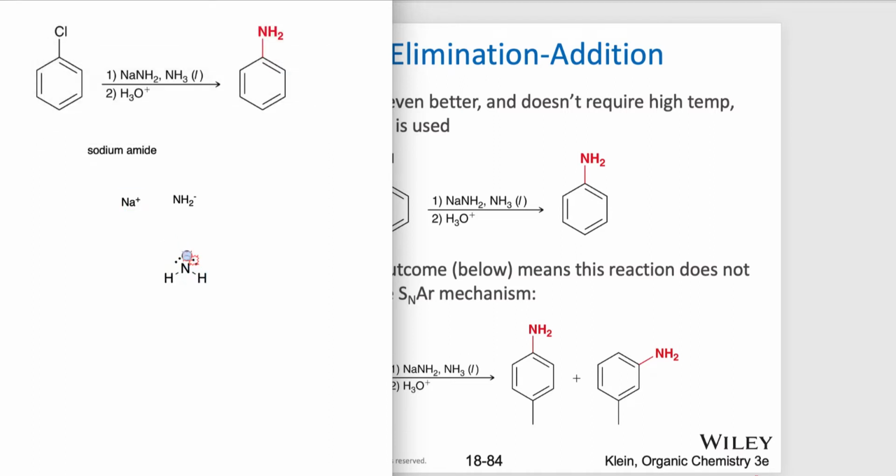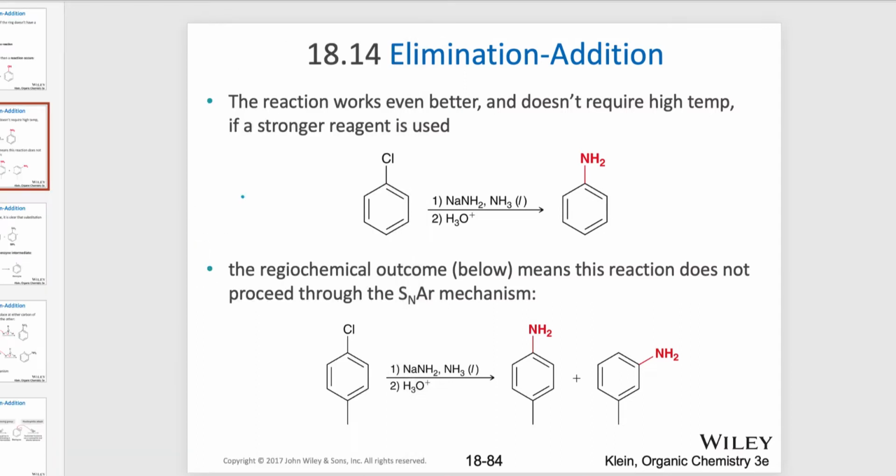We have our 2 free electron pairs here, and they can now act as a base or as a nucleophile, depending on what the substrate is. Okay, maybe I'll copy this over to the slide. So remember that this is an important understanding on the molecular level for the conditions here. Okay, and then sodium is your counter ion.